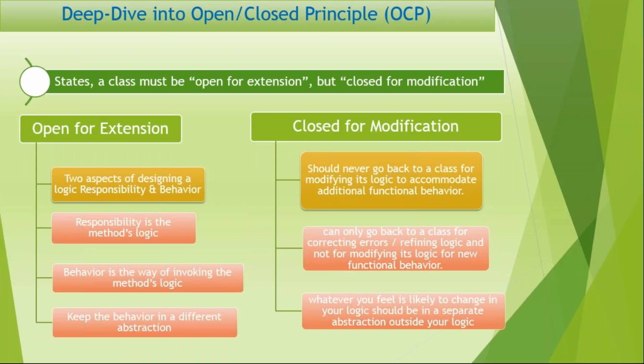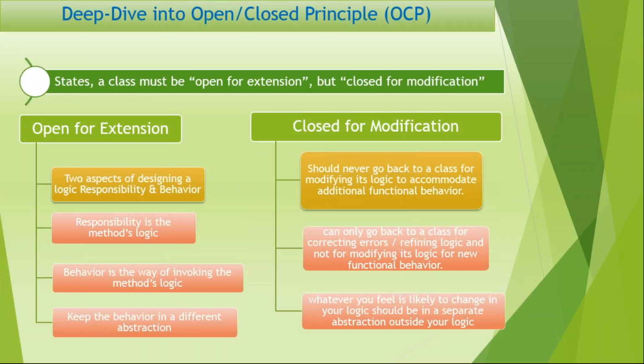When you implement the open closed principle in a class, you should still adhere to the single responsibility principle. Please remember that. So what is the open closed principle? The open closed principle means a class should be open for extension and closed for modification.